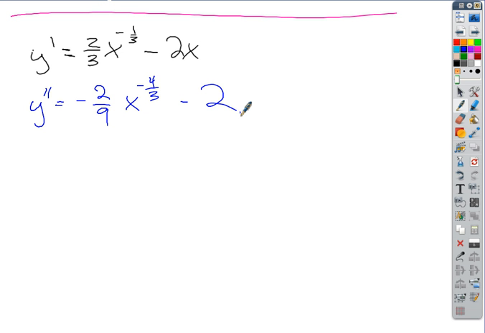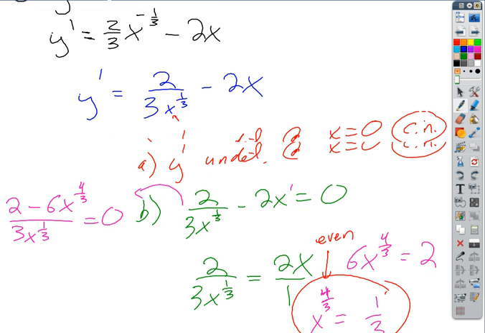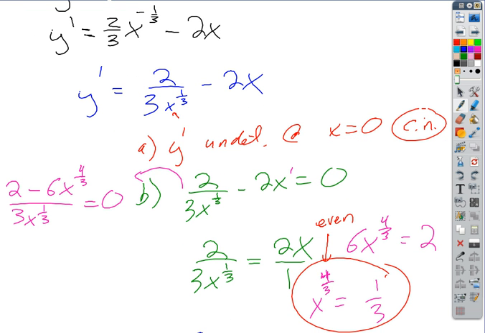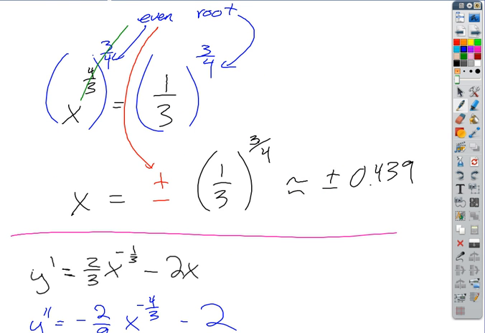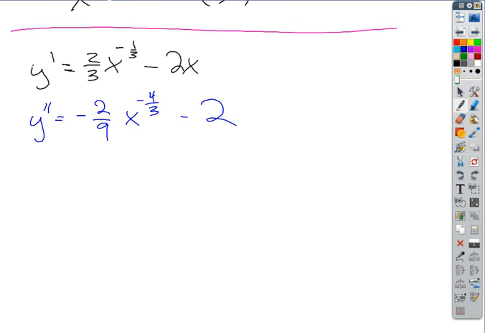We know that because we already know that the first derivative is undefined at x equals 0, right? Now I want you to notice something in the behavior because you can learn something important about functions. If I were to write this as a fraction, I put the negative power on the bottom: y double prime equals negative 2 over 9x to the 4/3.